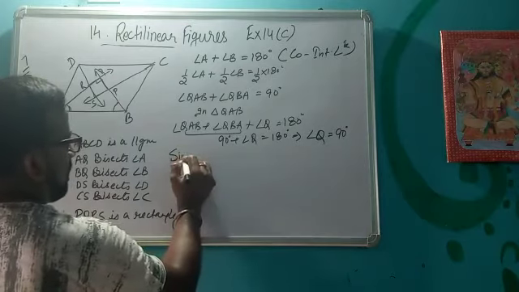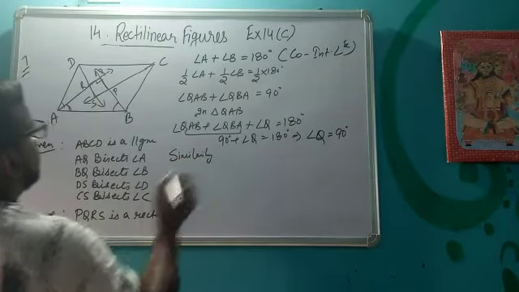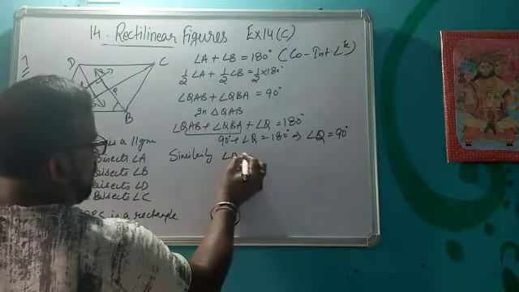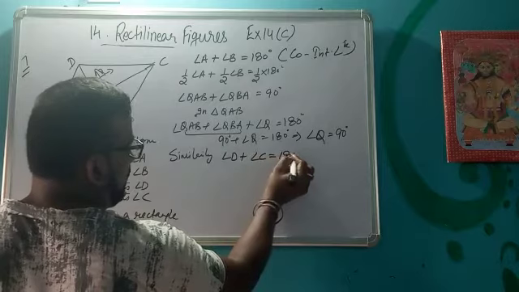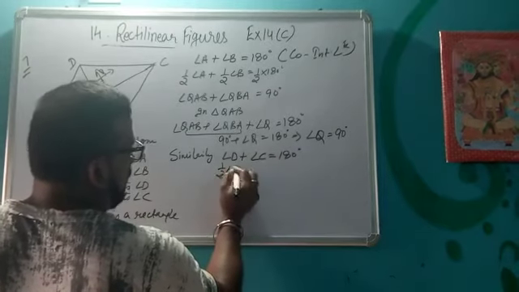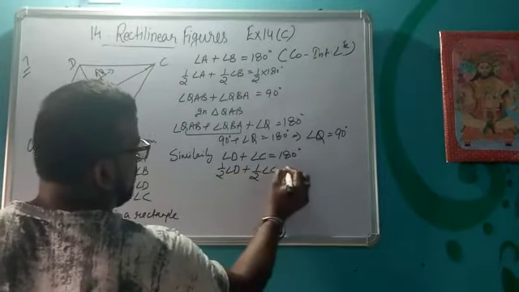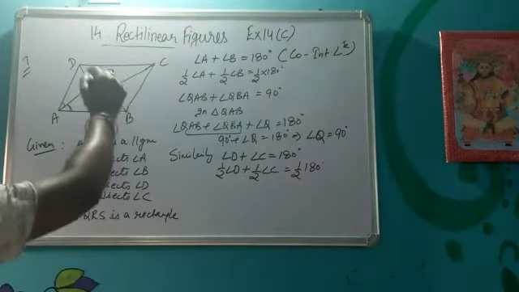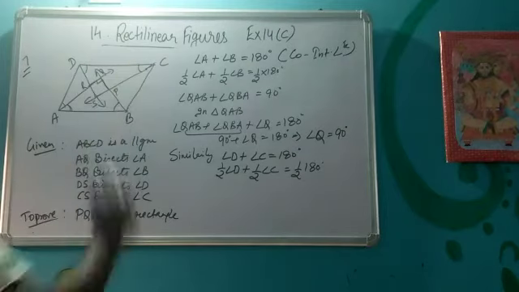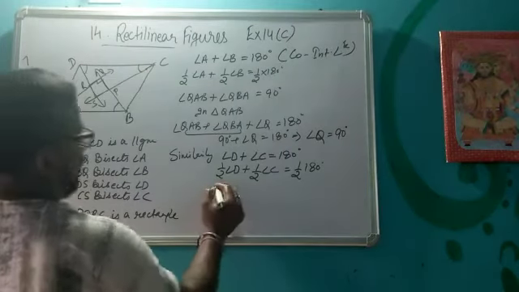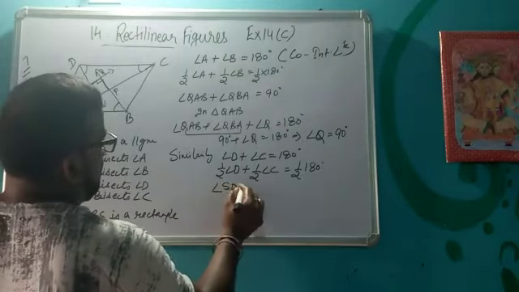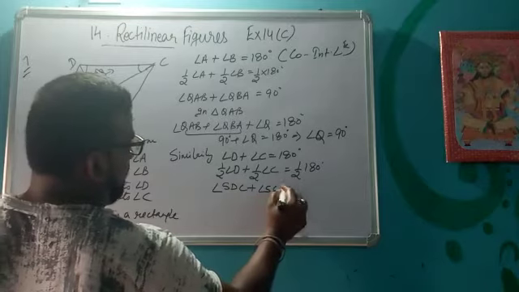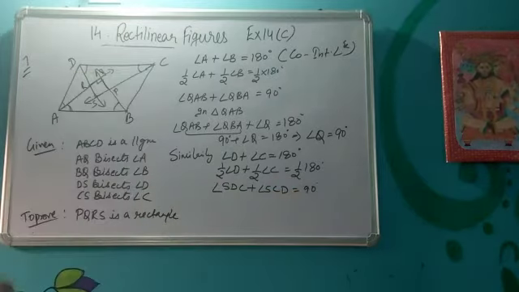Similarly, now if I take angle D plus angle C equal to 180 degree, so half of angle D plus half of angle C is equal to half of 180 degree. So for half of D and C I am taking these angles. So angle SDC plus angle SCD equal to 90 degree.